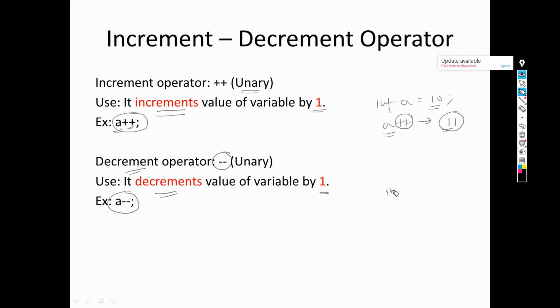So if we have integer a equals 10, and we write a minus minus, then the value of a will be 9. So it decrements the value of a by 1. This is how increment and decrement operators perform the operation. One increments the value by 1 and one decrements the value by 1.